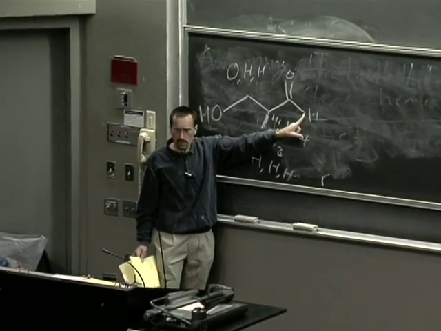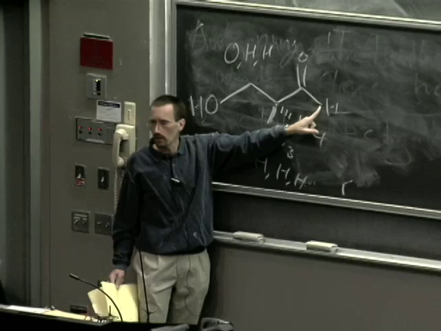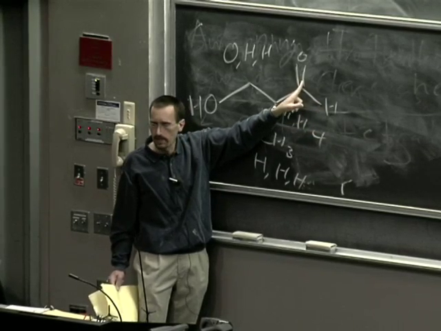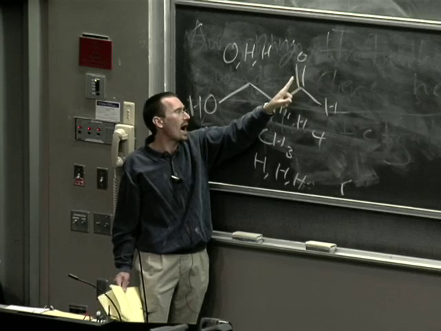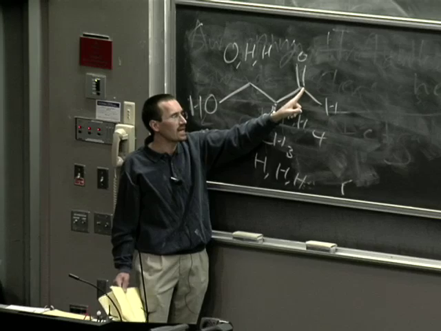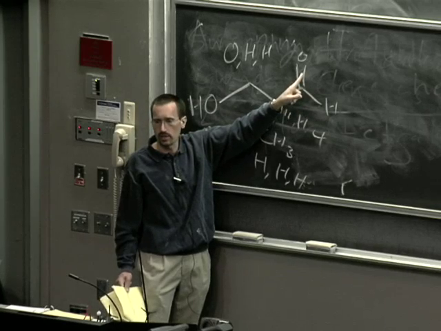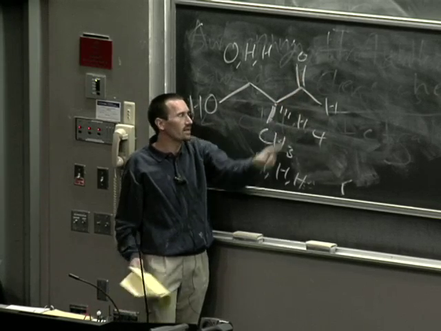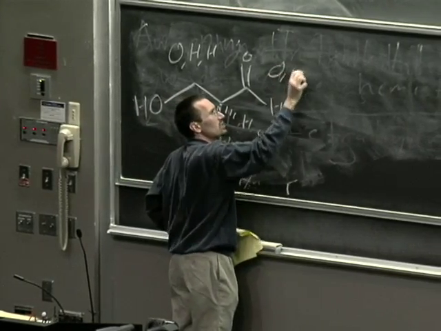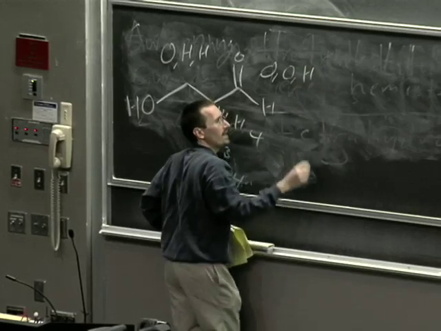But just as we pretended in the carbon-carbon double bond that it meant there were 2 carbons attached, in the case of a carbon-oxygen double bond, we pretend that we have 2 oxygens attached. In other words, we say it's O, O, and H.